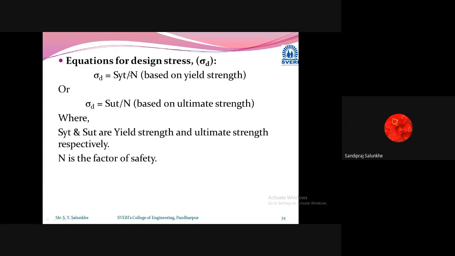Now, let me explain one more difference between brittle and ductile materials. In case of ductile materials, if that component starts to yield, that is, if the expansion or change in shape of that component goes beyond its elastic limit, if it goes to the plastic stage, then it will not regain, it will not come back to the original position.